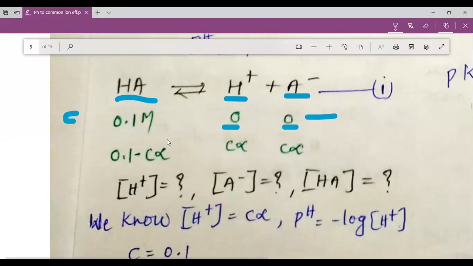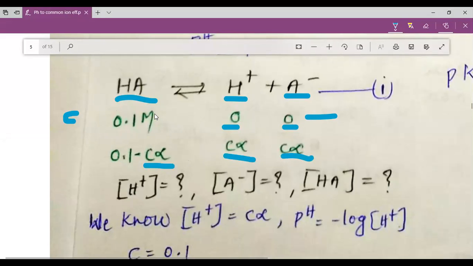Now suppose the change in the concentration, as we know that when the reaction takes place, the concentration of reactant decreases. So the concentration of reactant HA decreases by C alpha, and the same amount of product is formed, which is C alpha and C alpha.